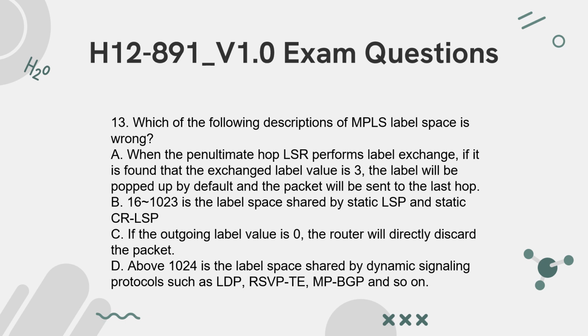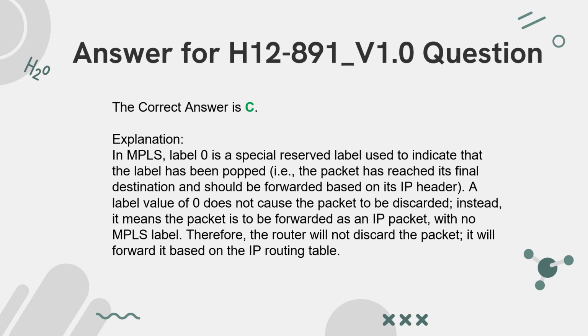C. If the outgoing label value is 0, the router will directly discard the packet. D. Above 1024 is the label space shared by dynamic signaling protocols such as LDP, RSVP-TE, MPBGP and so on. The correct answer is C.